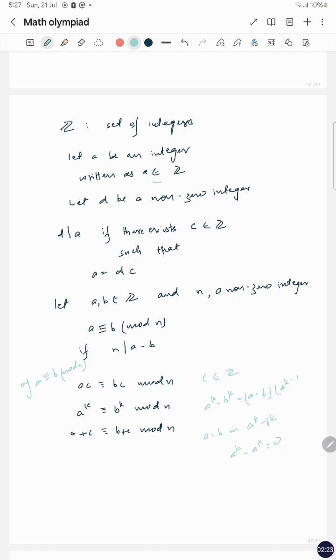A minus B, so we need to multiply it by A to the power K minus 1, so we get A^K, and then minus B A to the power K minus 1. We don't want that, so we'll add B A^(K minus 2).